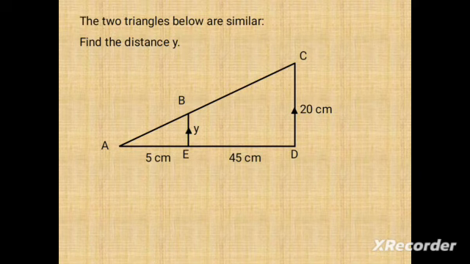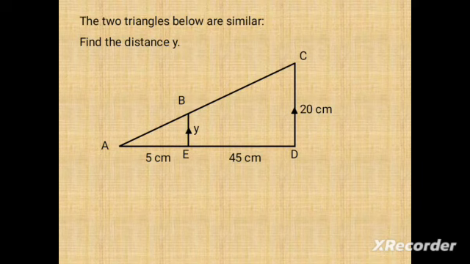Because from what you can see here, we have two triangles being similar. We have ABE and ACD. So if we compare the sides, then we have AE over AD.